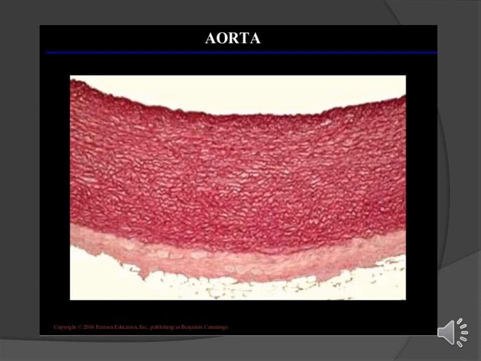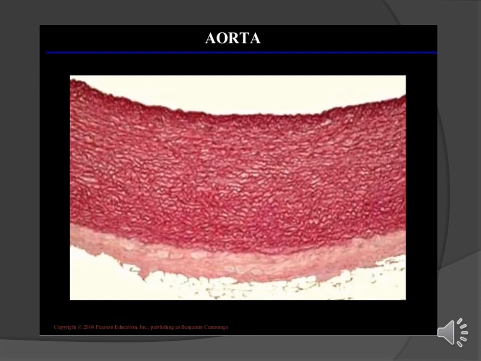This slide demonstrates a microscopic specimen. This is a longitudinal section of the aorta. We used here special staining for showing elastic fibers. We can see that elastic fibers are numerous in the thick tunica media.